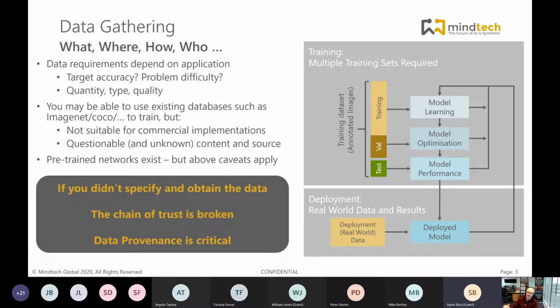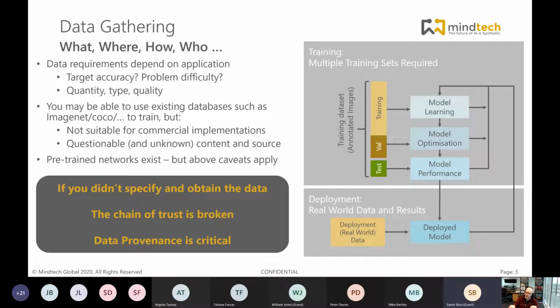So where do we get this data from? Well, we can go out and get real world data, and there are a lot of existing databases out there. You might have come across things like ImageNet and Coco. There's lots of things out there. First of all, a lot of them are not allowed for commercial use.